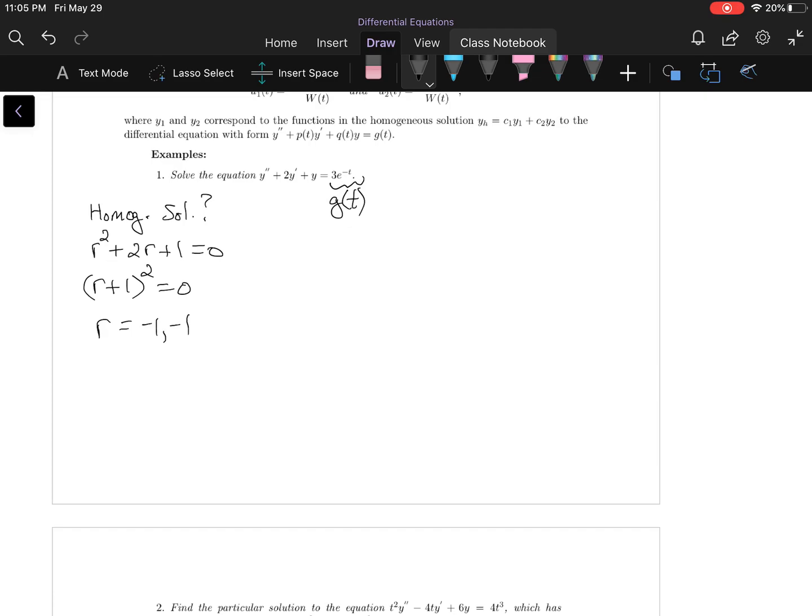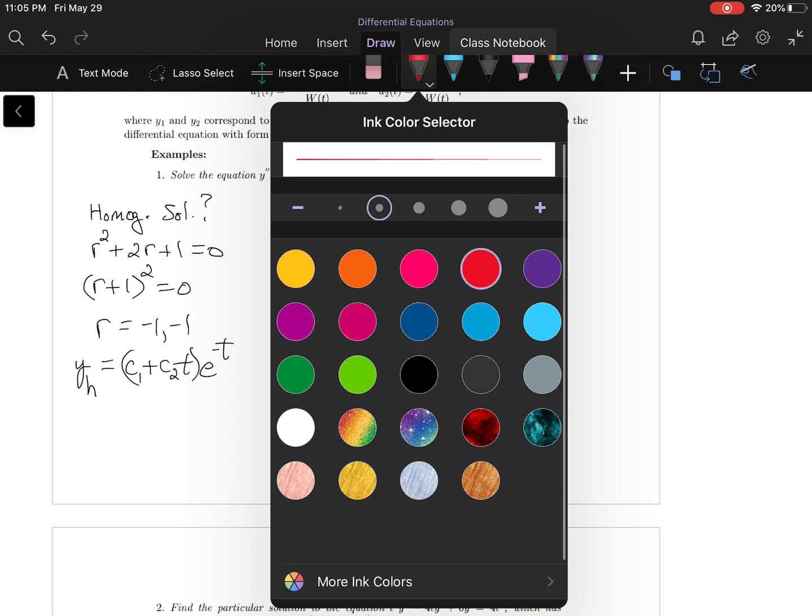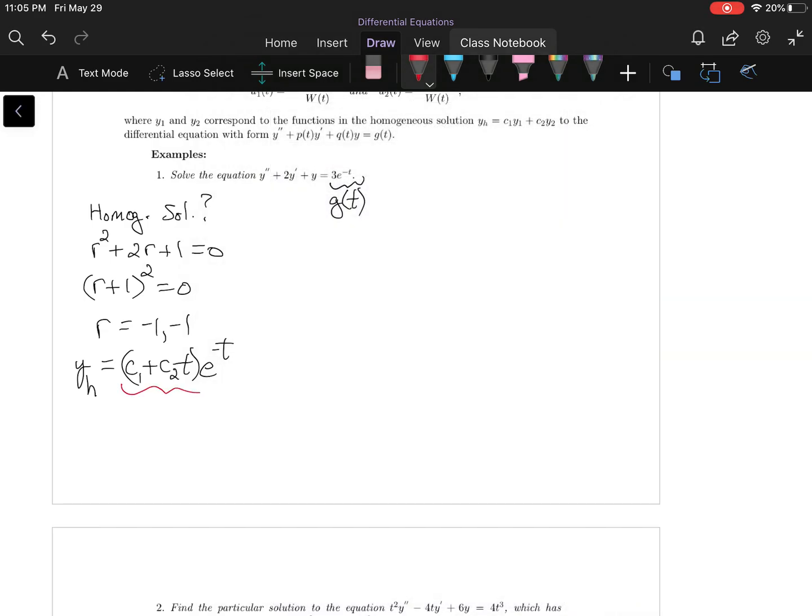And that means that I'm going to say our homogeneous solution is of the form c1 plus c2 t, e to the negative t, which means that if you multiply through, you'll have y1 as e to the negative t and y2 as t e to the negative t. So these are our two homogeneous solutions.